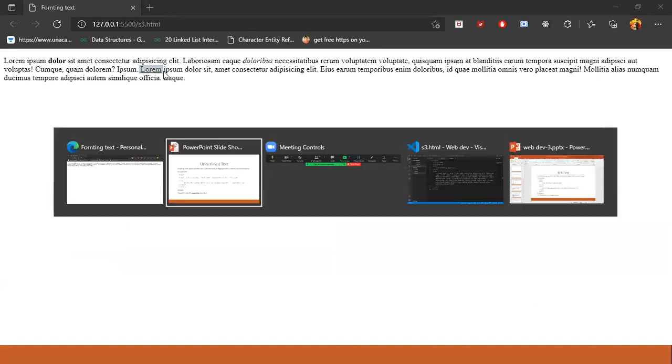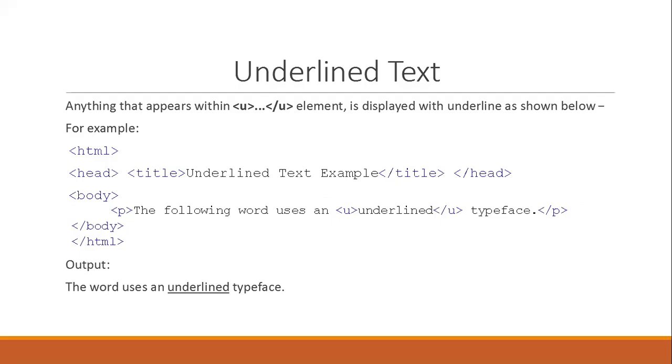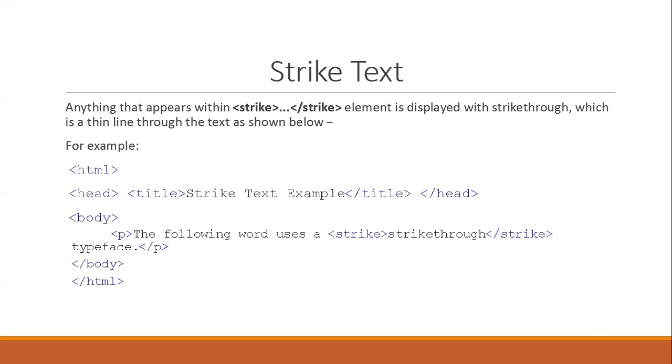So next is the strike sign. What does the strike sign do? It will be a strike tag which will appear like this, strike and closing strike, and it displays a strike-through, where a thin line goes through the text. So to use it inside the body of any text that we want to strike, we use strike, and the closing tag will be slash strike.